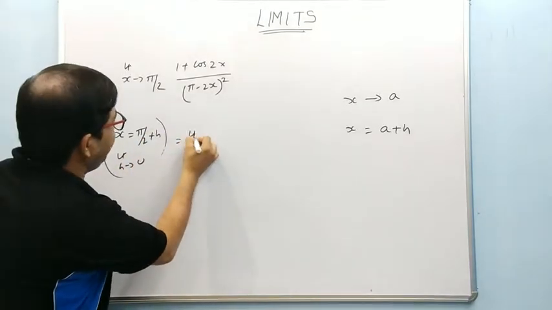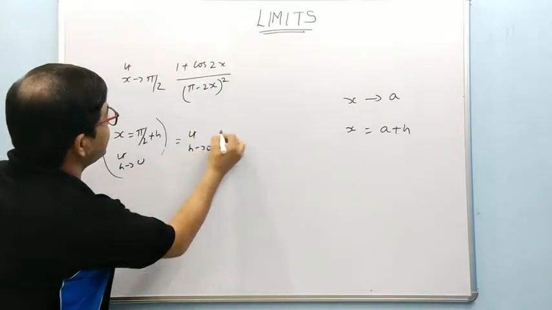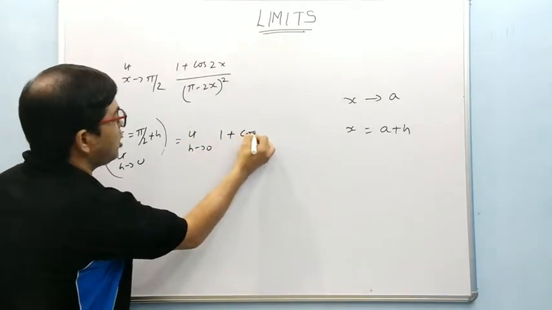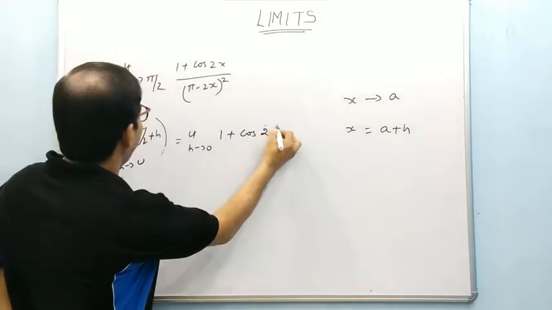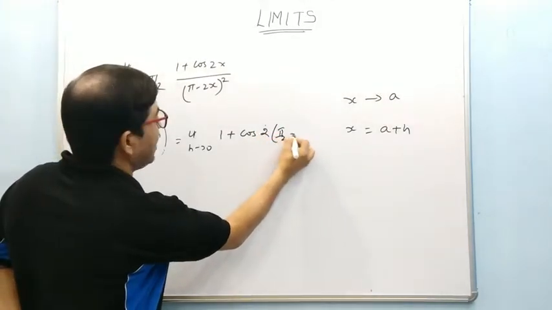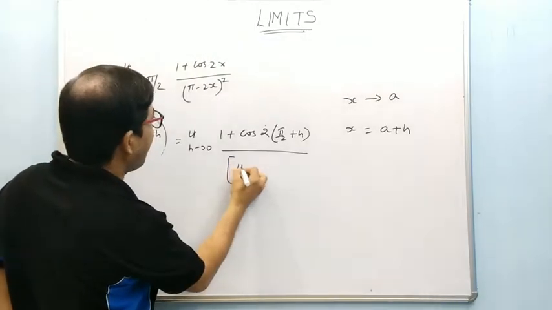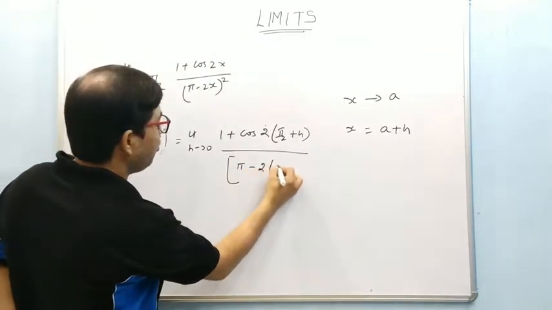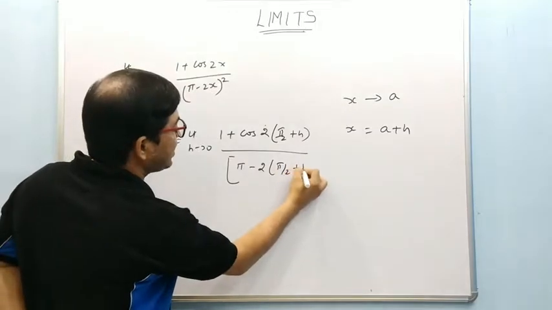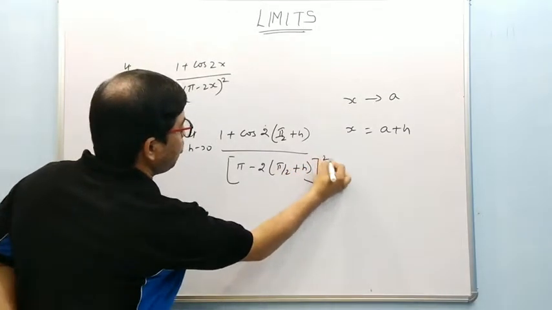Just proceed, limit h tends to 0. This is 1 plus cos 2 into pi by 2 plus h, and in the denominator it is pi minus 2 into pi by 2 plus h, complete whole square.